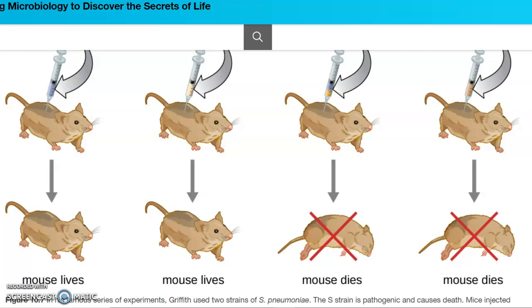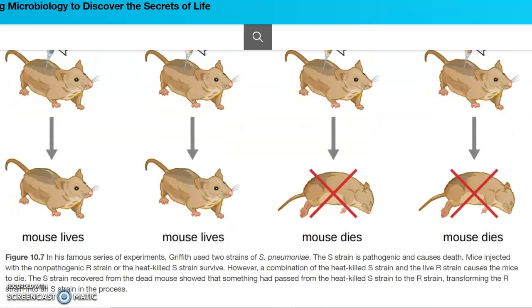And then he takes the S strain recovered from the second experiment, and that mouse dies. So the combination of the heat-killed S strain and the live R strain causes the mouse to die, and the strain recovered from that dead mouse then causes another mouse to die.